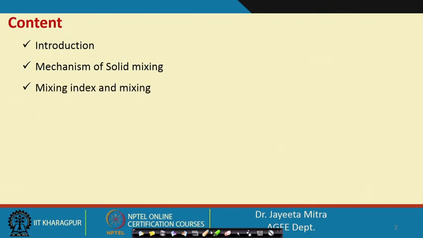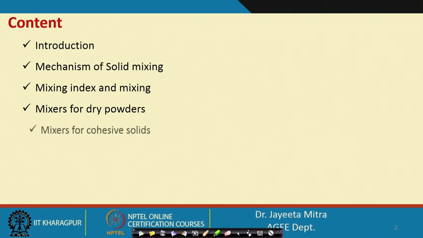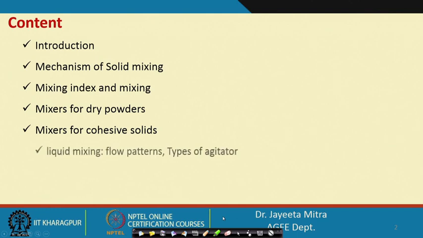In the previous classes of this particular topic, we have discussed the introduction of mixing and agitation process, mechanism of solid mixing, that is particulate solid or powder mixing, and mixing index, how we can define the uniformity in the mixing process, then mixers for dry powder and cohesive solids, and also liquid mixing.